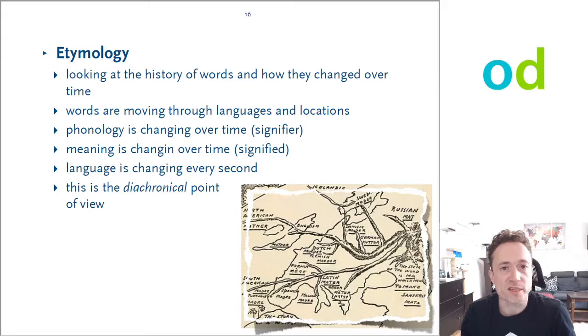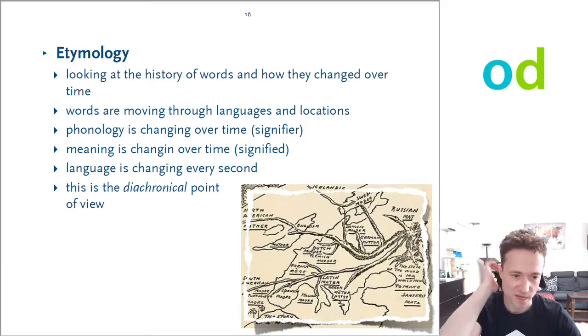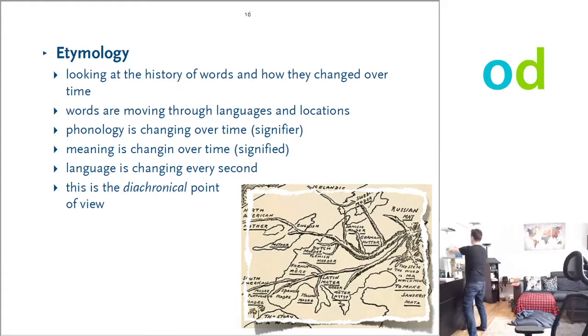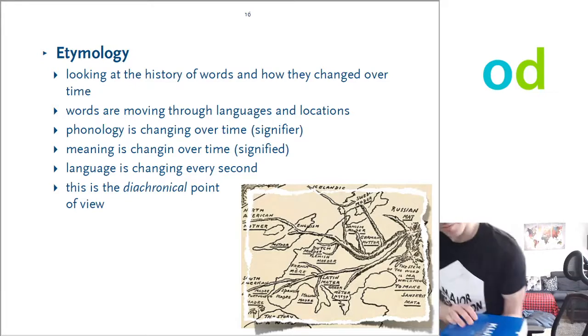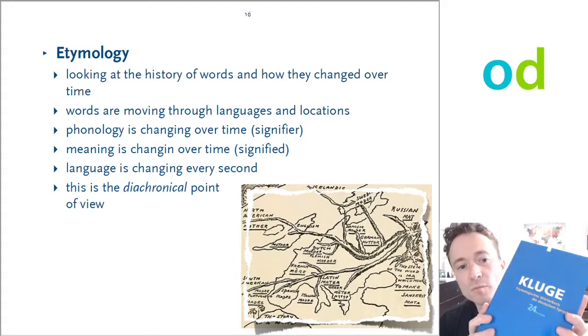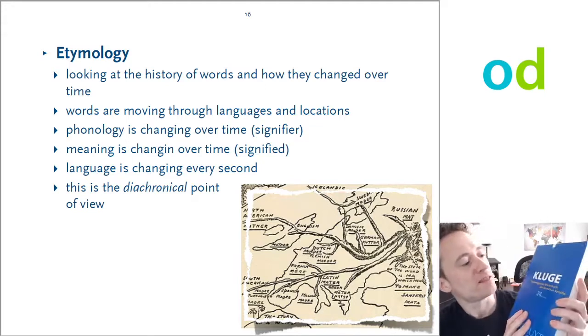Of course, as I just said, every sign has a history, and also languages have history. And I showed you that book the other day. I still have it here. So this book, for example, this is an etymology dictionary.